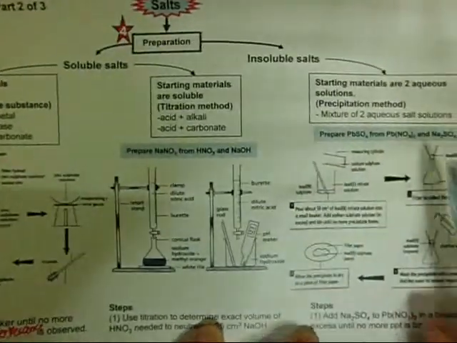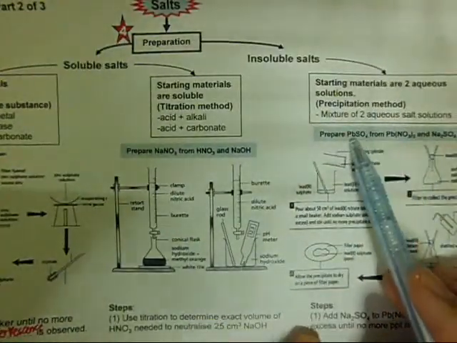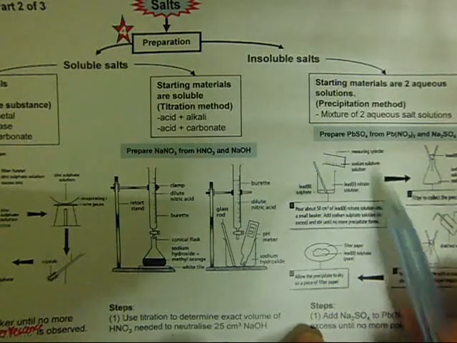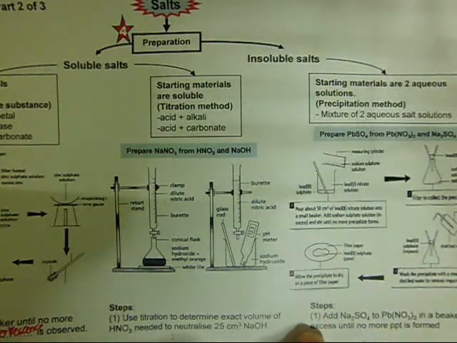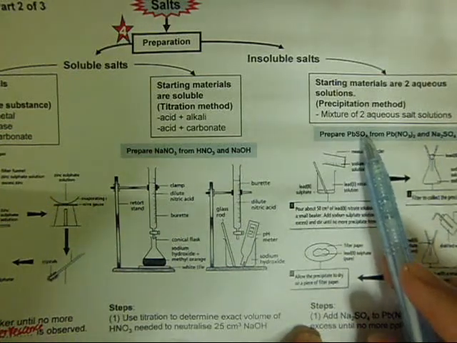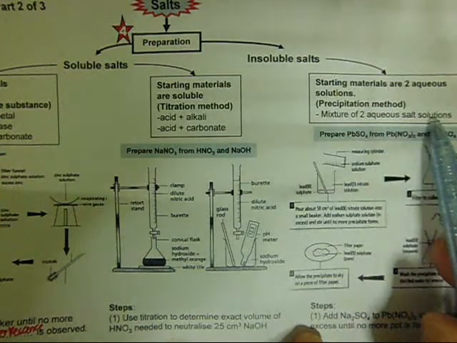Now let's look at preparing an insoluble salt. An example here would be to prepare lead-2 sulfate. From the solubility table, you know that lead-2 sulfate is not soluble. So in order to prepare lead-2 sulfate, you need two soluble aqueous salt solutions.